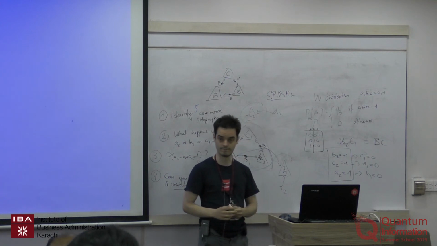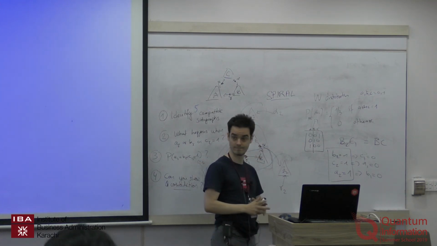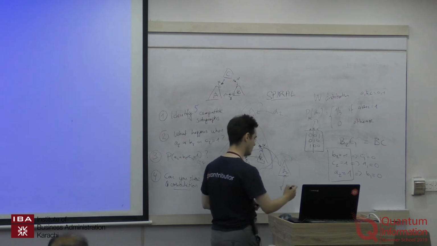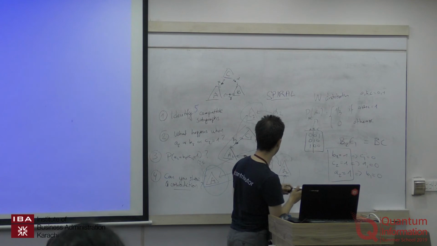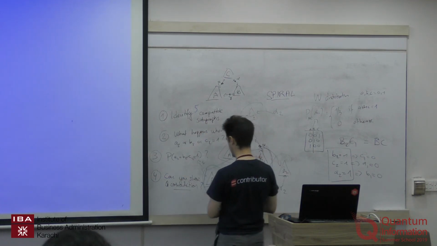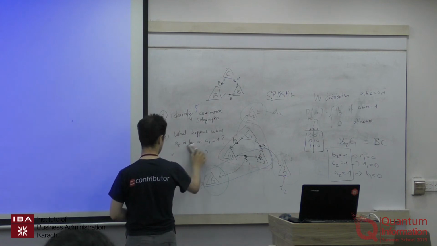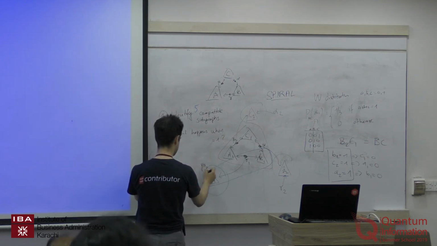Now, look at what we have on the left. B2, A2, C2. And we know that this is something that's compatible with the original graph. I'm going to erase that on the left, because you're going to have this anyway.